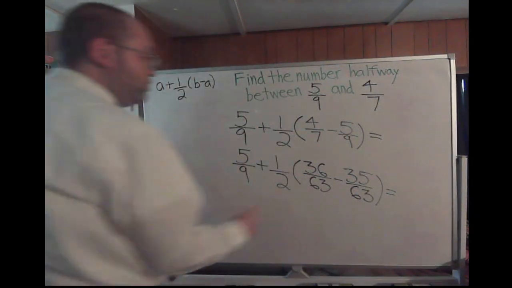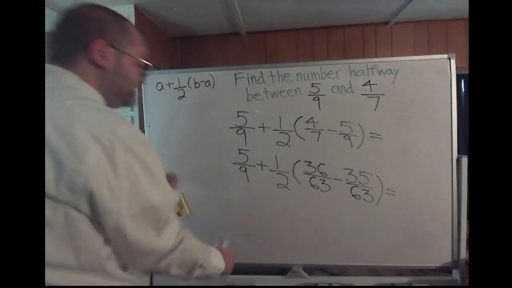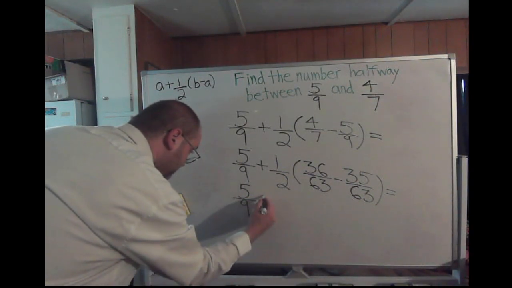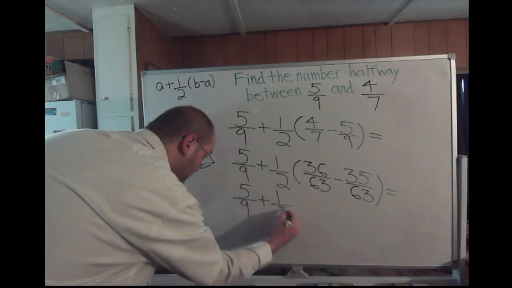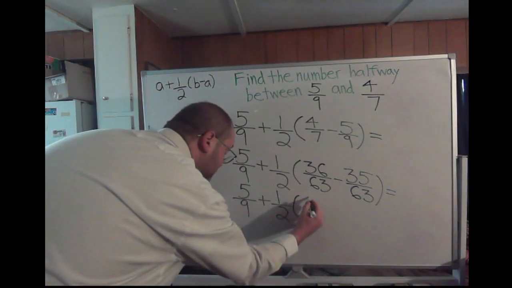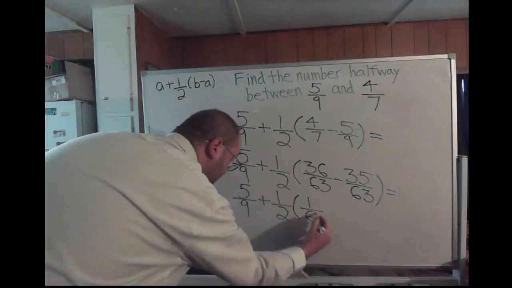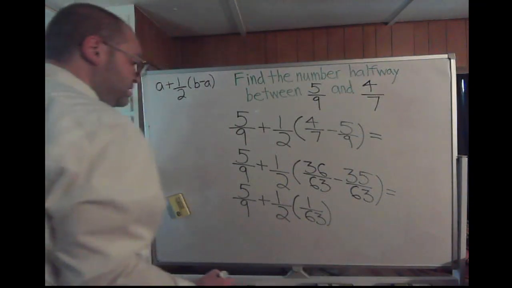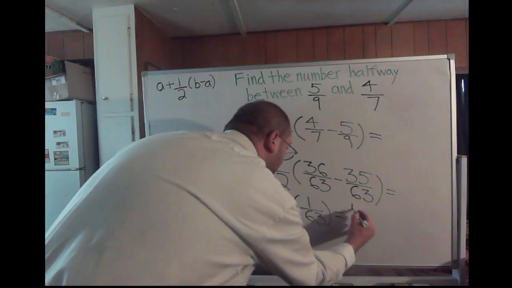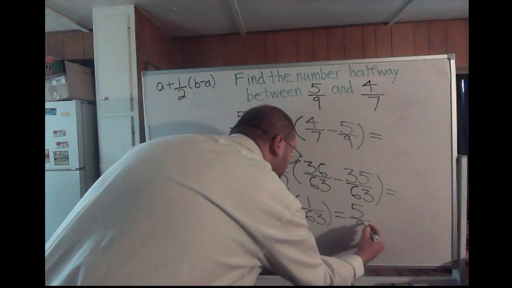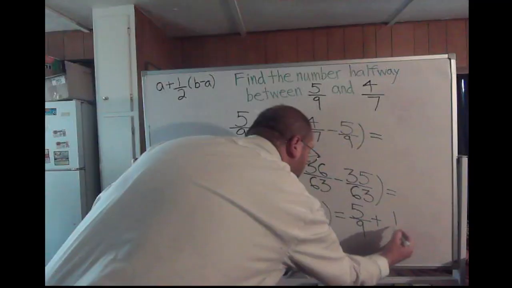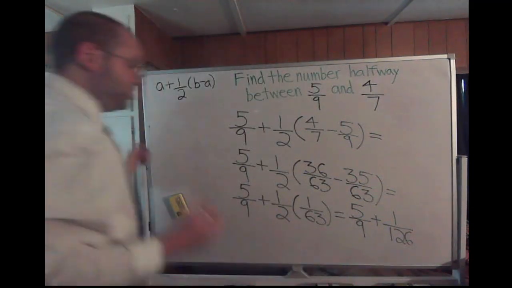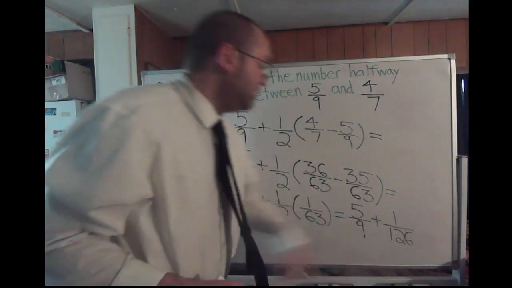So that's what we have going on inside the parentheses, which now should give you 5/9 plus 1/2 times 1/63. That's what you would get. Which would end up equaling 5/9 plus 1/126. So what you have now is 5/9 plus 1/126.